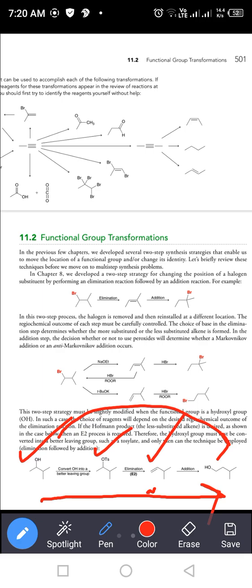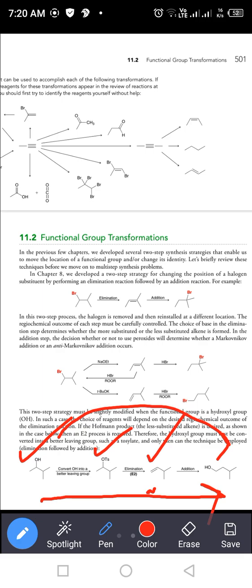Then we add the OH group. How is the OH group added on the double bond? There are a variety of reactions by which we can add the OH group. So we have to keep in mind the reagent for addition of the OH group. If we know the reagent for addition of the OH group, then it will be easy to make this target molecule.